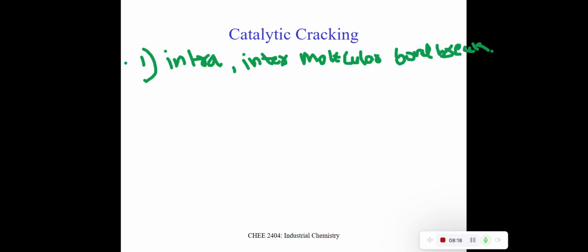This is what the catalytic process does.